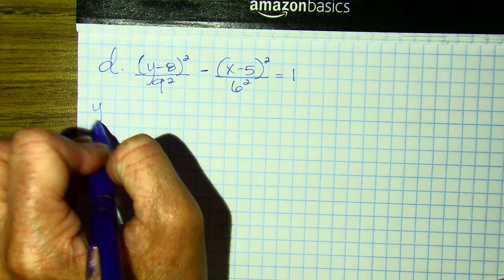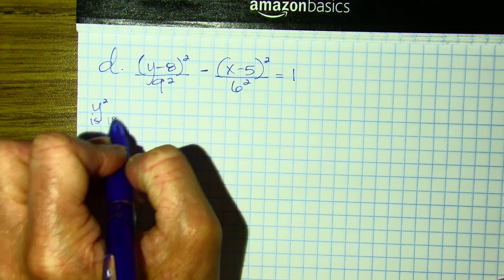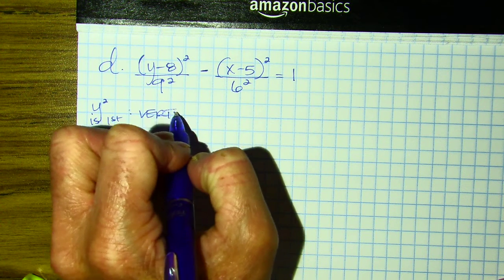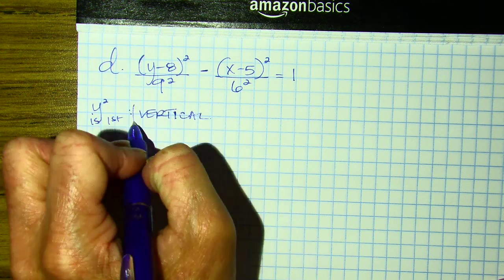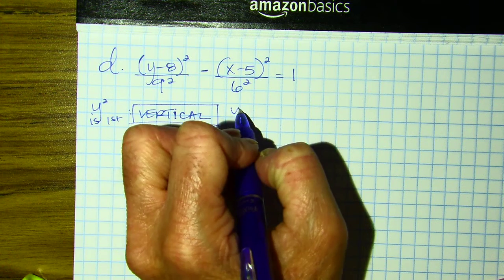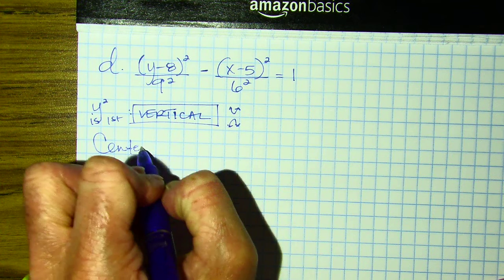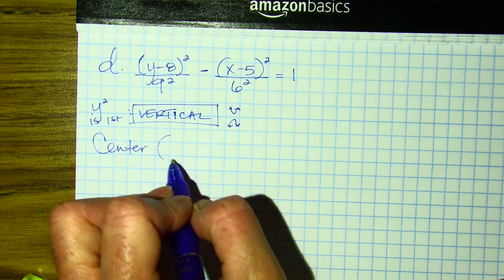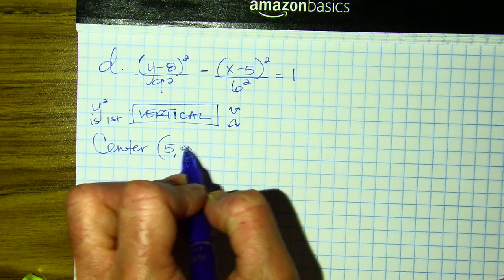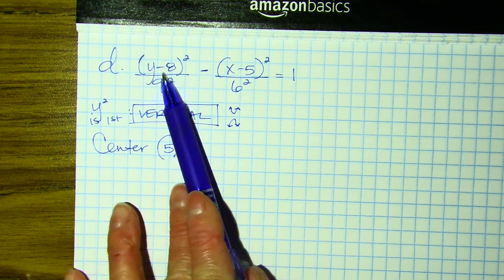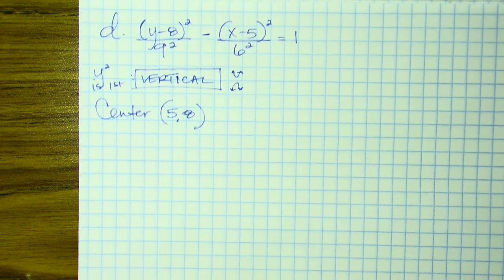Because y squared is first, this is vertical. So remember, it'll open up and down. My center is, remember, x value goes first, so 5, 8. Be really careful there. I know you want to write 8, 5, but 8 represents y. So there's my center.